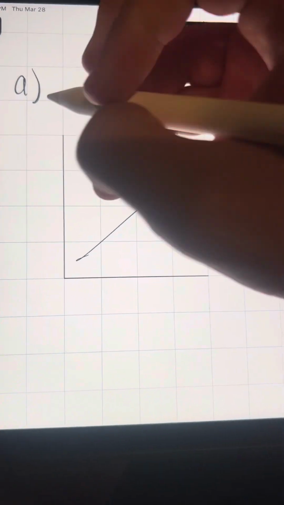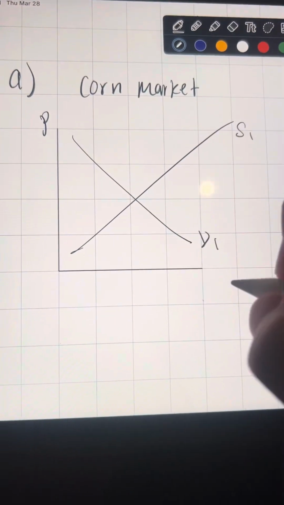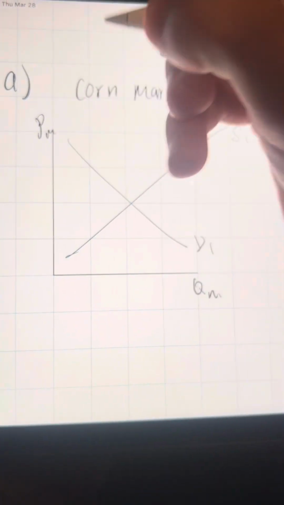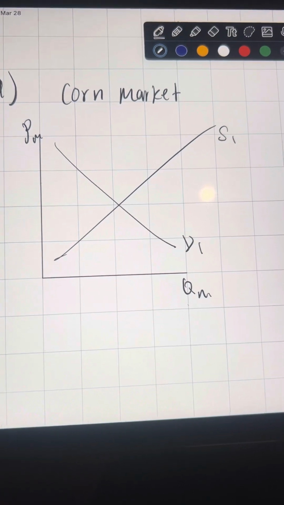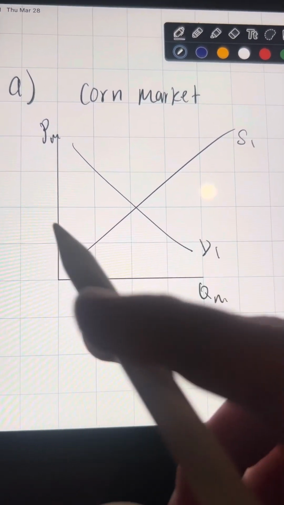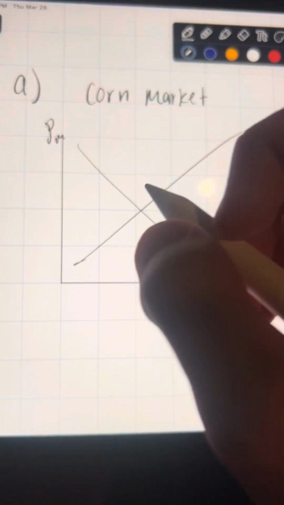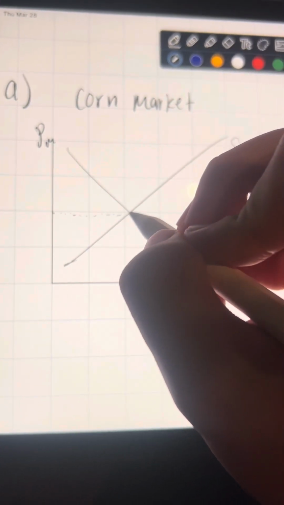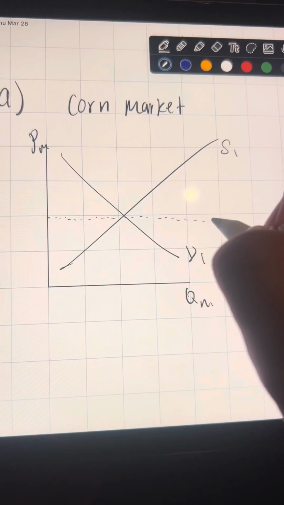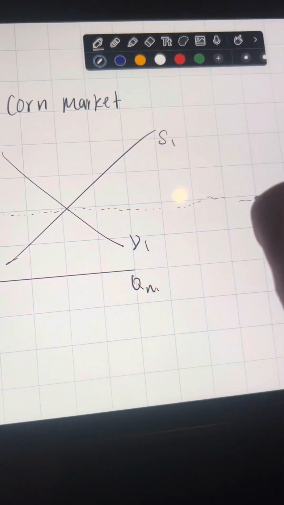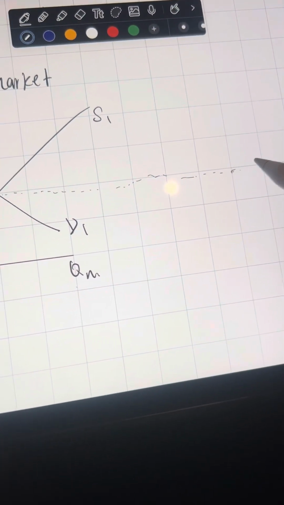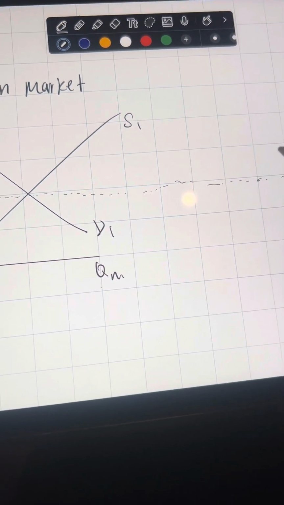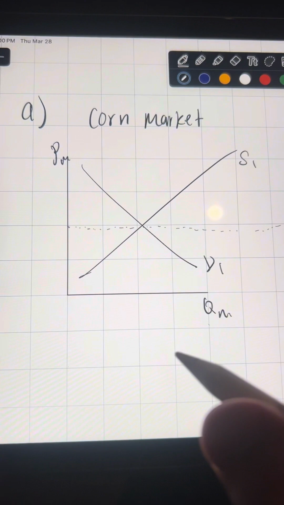I'm gonna go price on the y-axis, quantity on the x-axis, and then we are also gonna draw a price line going through the equilibrium here. We're actually gonna extend it out so that it reaches the second graph, because it will represent the demand curve of the second graph that we will be drawing.